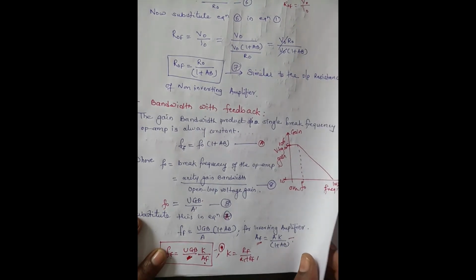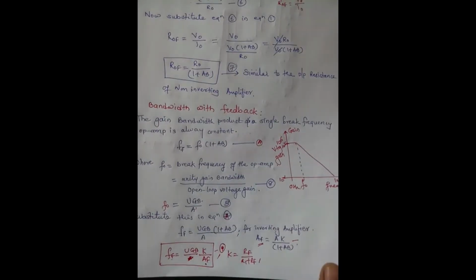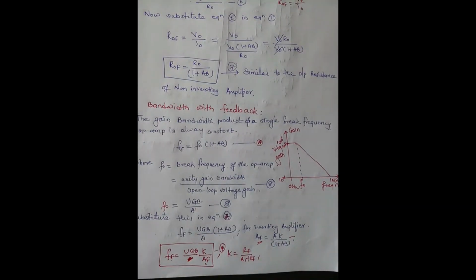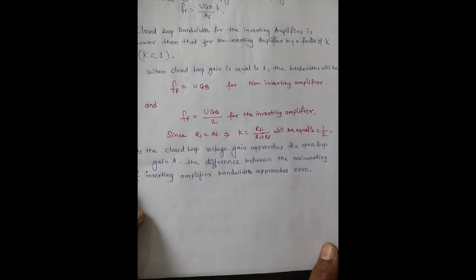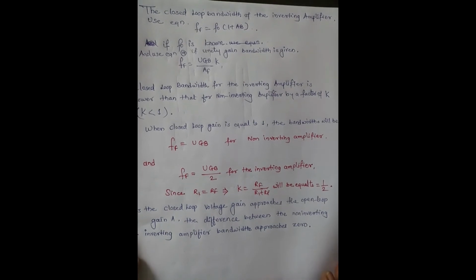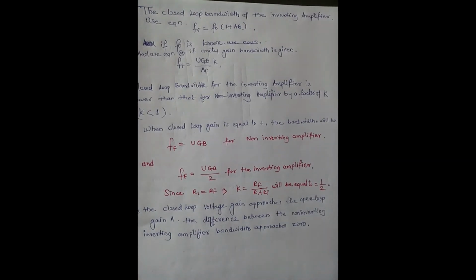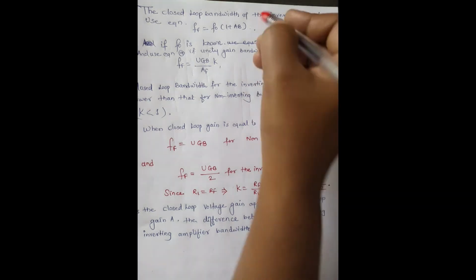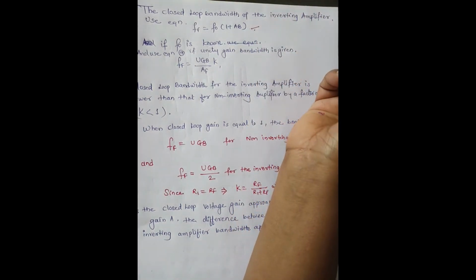If we select the values for both the gain factor, that is R1 is equal to RF, then what should be the effect on the bandwidth, that we will see here. To find out the closed loop bandwidth of the inverting amplifier, if we know the value of break frequency F0, we can go with this equation, that is FF is equal to F0 into 1 plus AB.